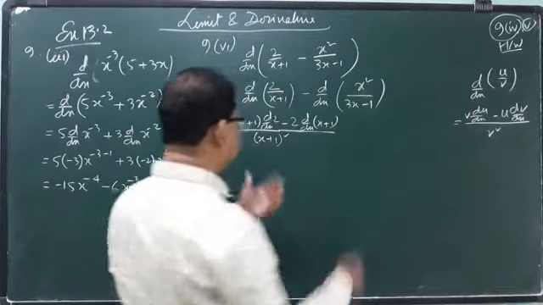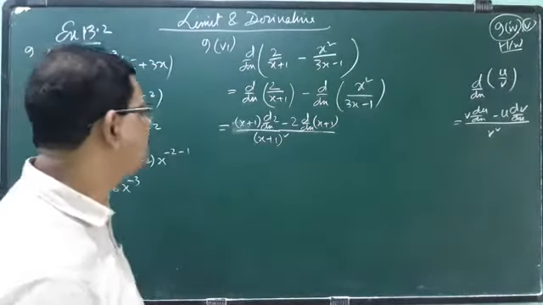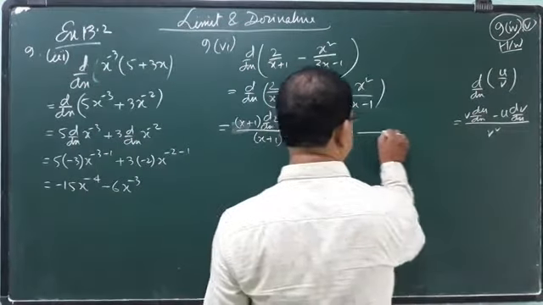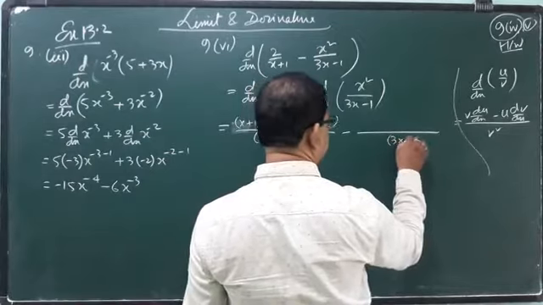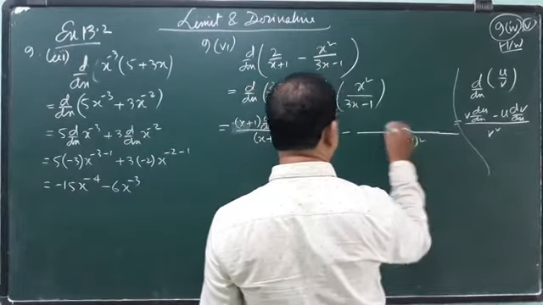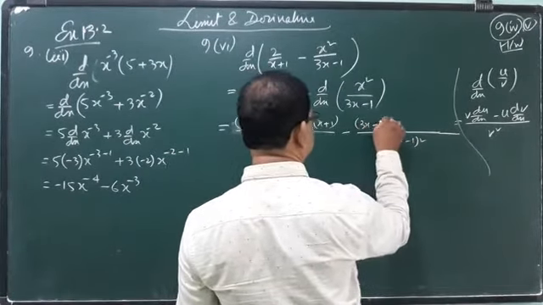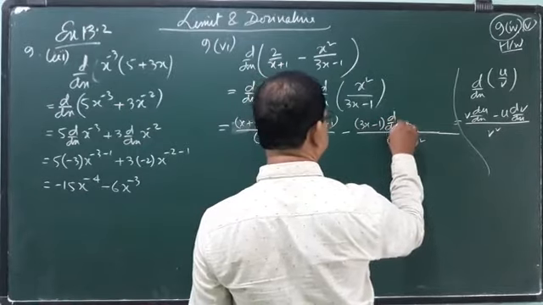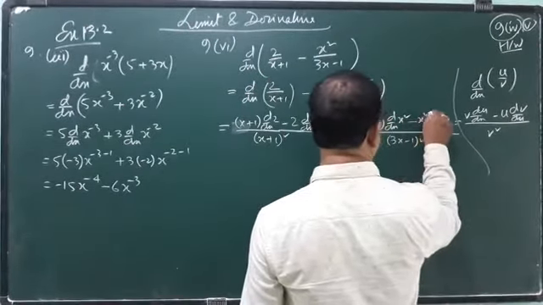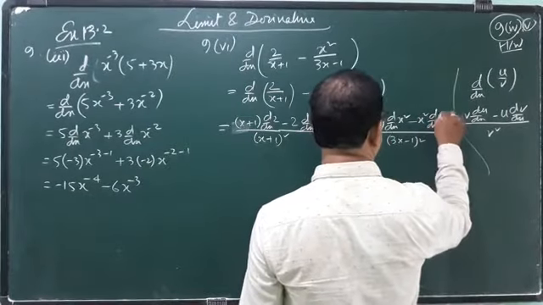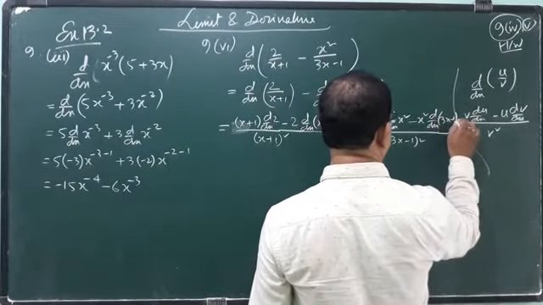So from that formula you have written this directly, minus, then v square, 3x minus 1 whole square, 3x minus 1 d/dx of x square minus x square d/dx of 3x minus 1.